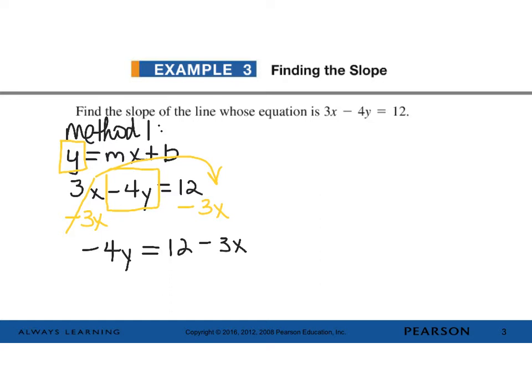And then because we want the y to be by itself, we want just y, not 4y, we need to move or remove the -4. And since it's -4 times y, the opposite of multiplication is division, so we will divide by -4. But that means that we have to divide everything in the equation by -4.